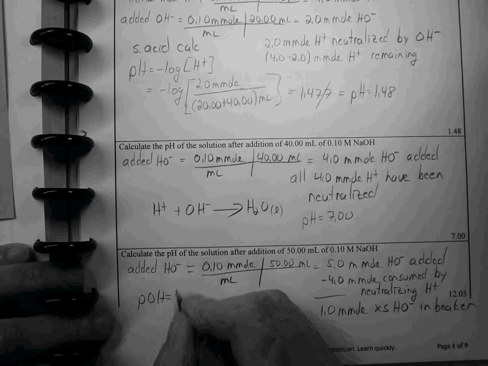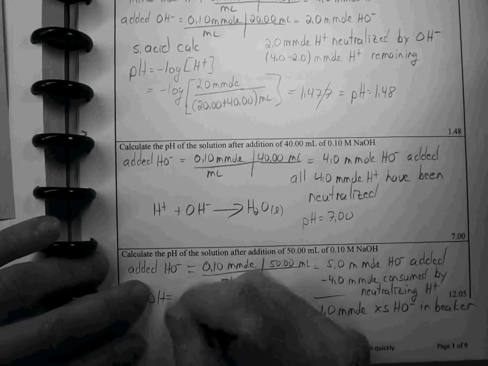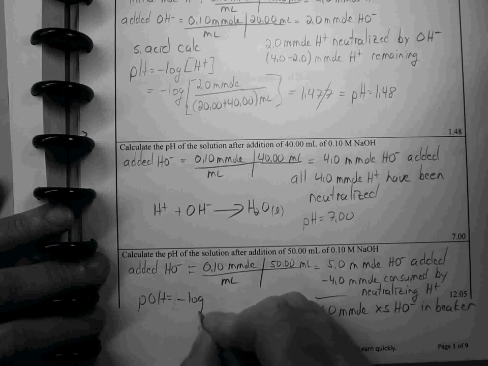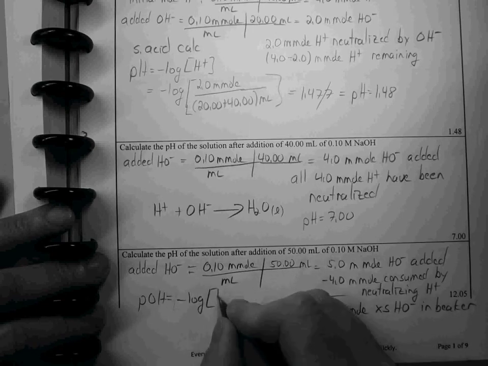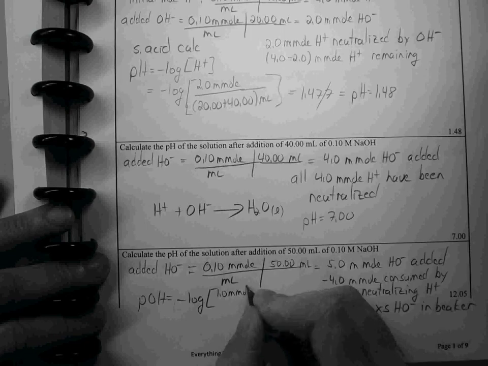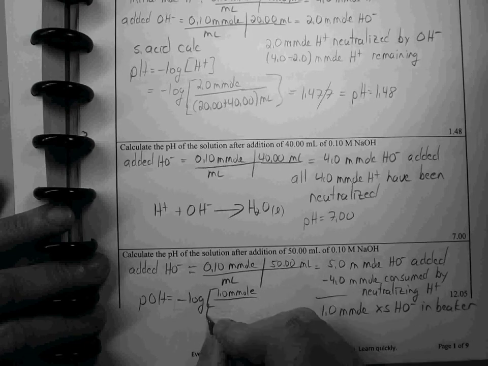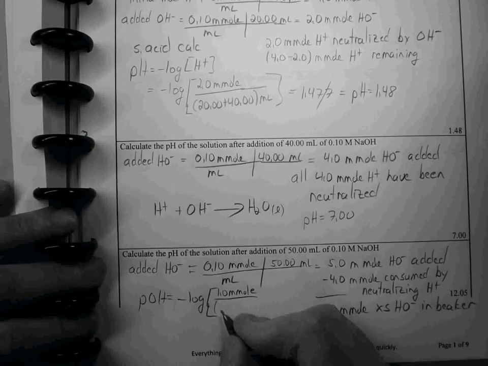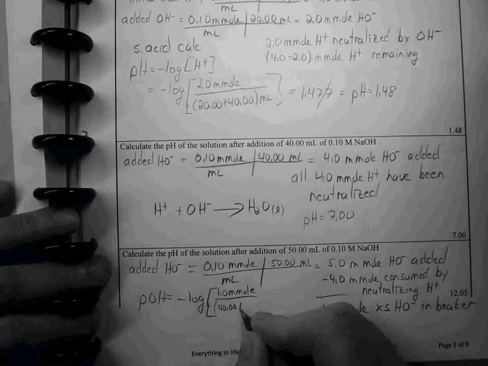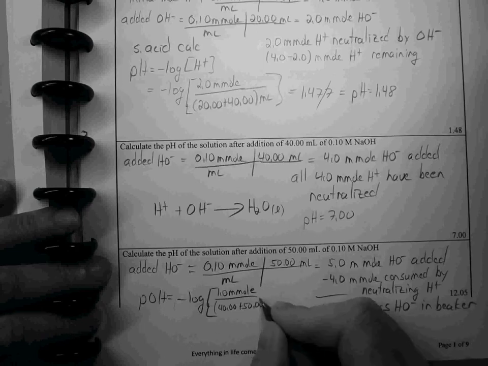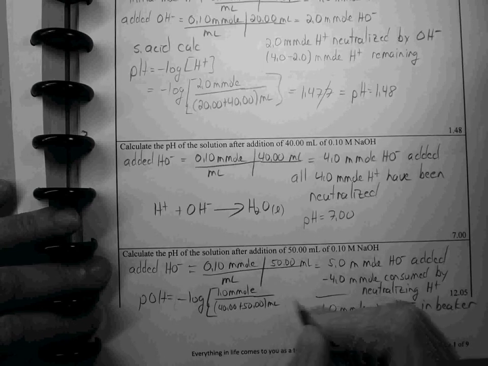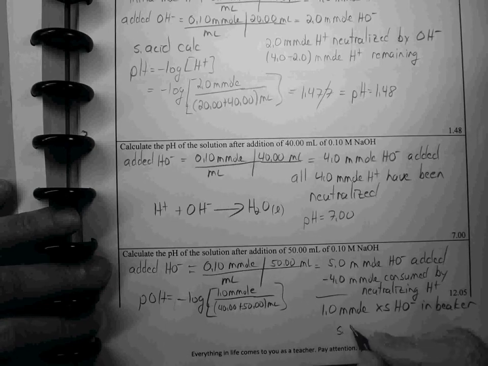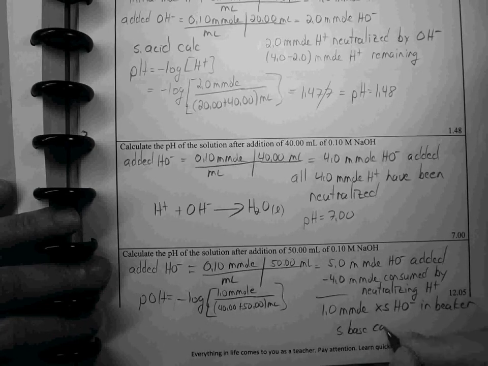So we can calculate our pOH. The negative log of a hydroxide ion concentration, which is 1 millimole, and we are now in a total of 90 milliliters, because we had 40 to start and we've added 50 milliliters of the hydroxide.